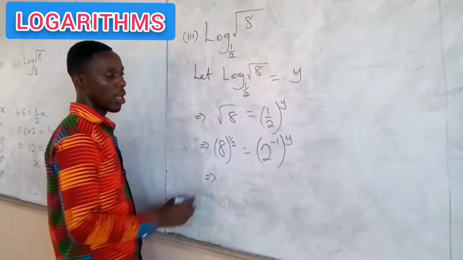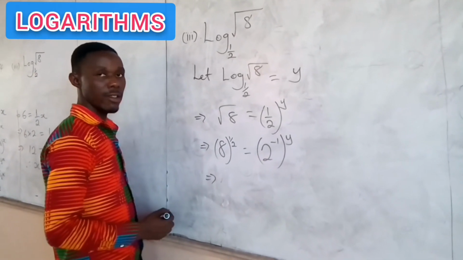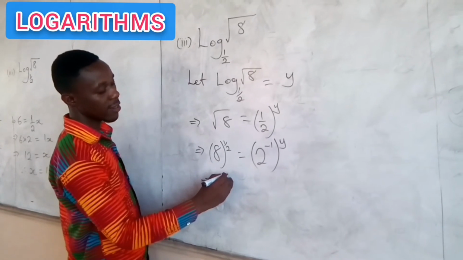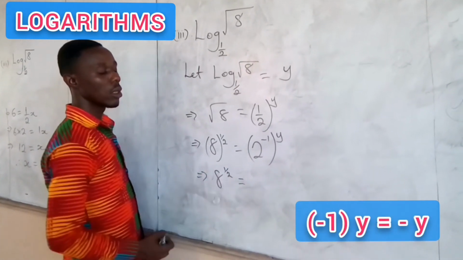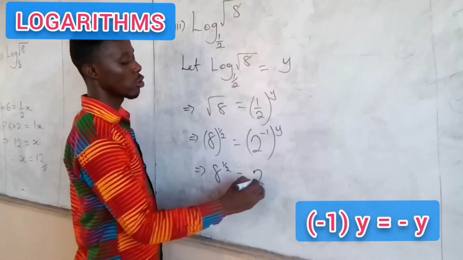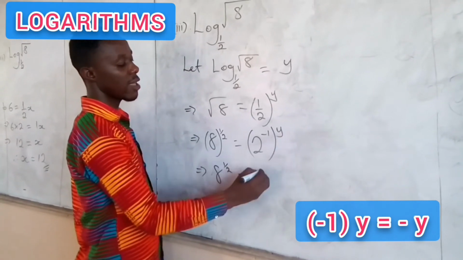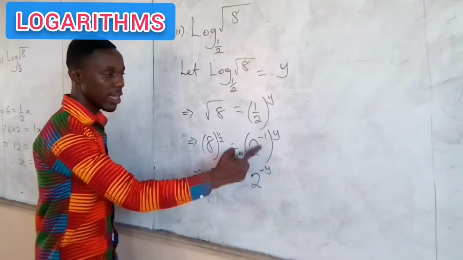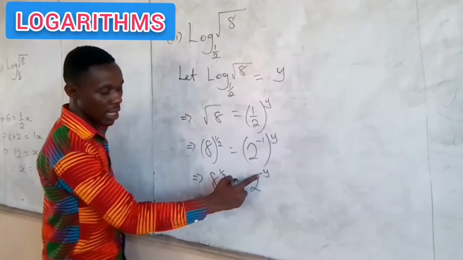From here, let's try to simplify it. We have 8 exponent half equal to 2, when you multiply this and that, exponent negative 1 times y, exponent negative y.